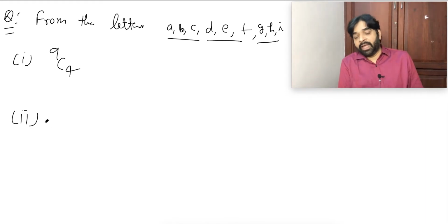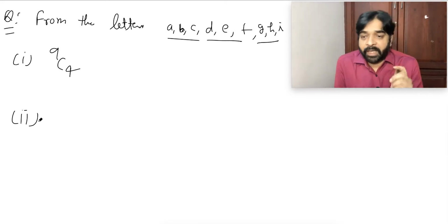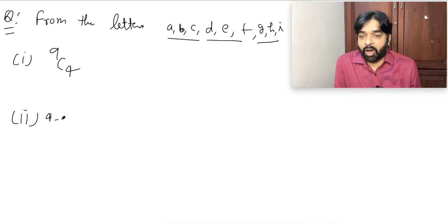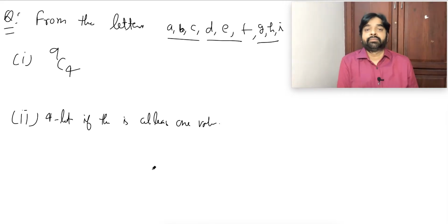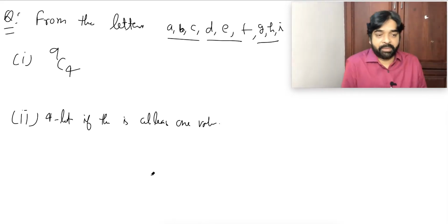Second bit. In how many ways can we select 4 letters if there is at least one vowel? Answer me quickly, very fast, everybody.